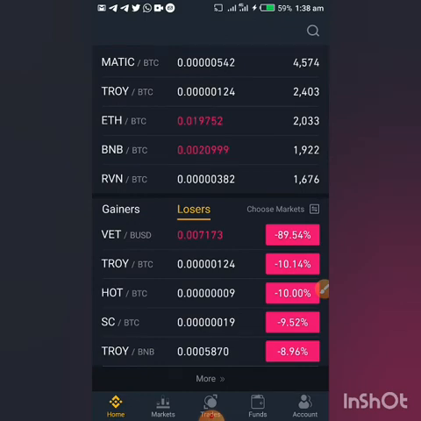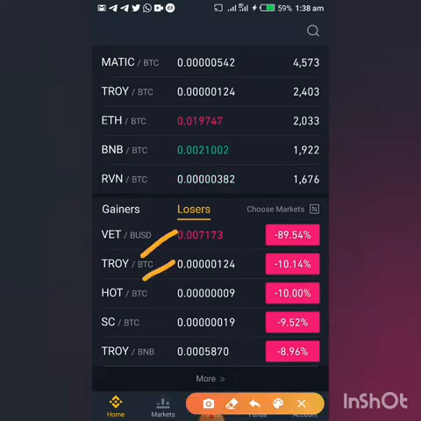The coin will not be dependent on the market you're trading it on. For instance, here we have BTC, BUSD, BNB, and the rest of them.